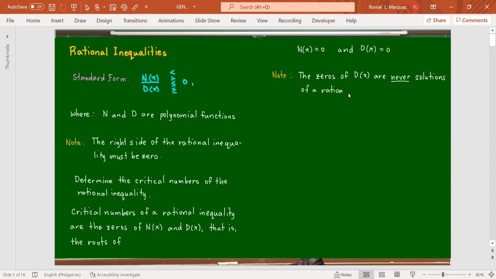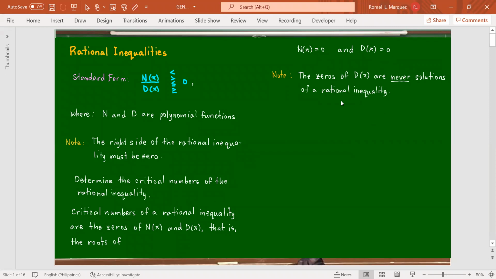Why is it, guys, that the zeros of the denominator are never solutions? What do you think? Sir, the denominator will become 0. Because the denominator will become 0 at each of these roots of the denominator equal to 0.